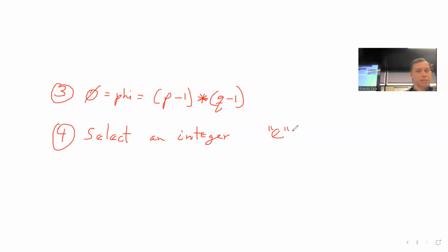So you're going to select E such that 1 < E < phi, which we calculated already up here. And it also meets other conditions as well, which we will define later.